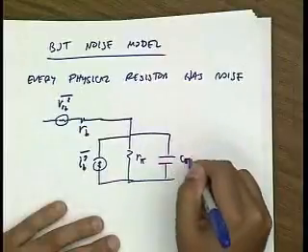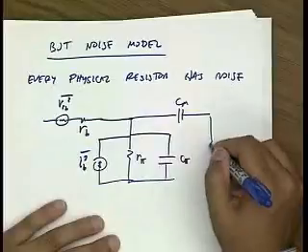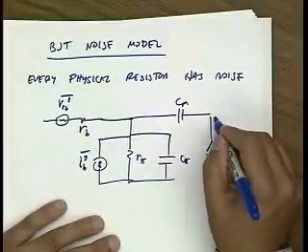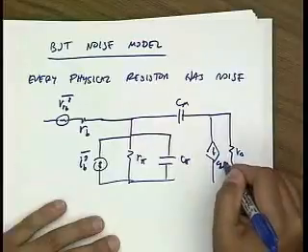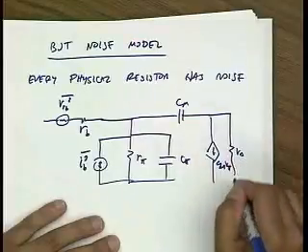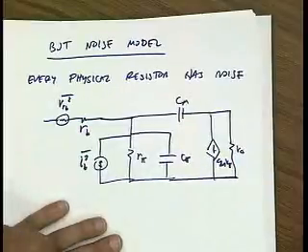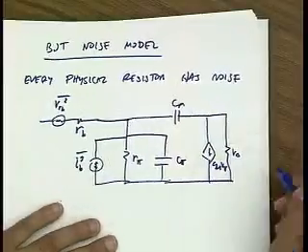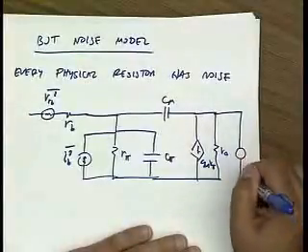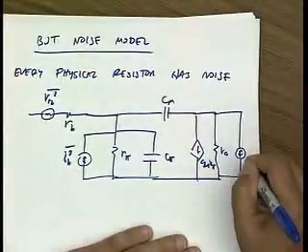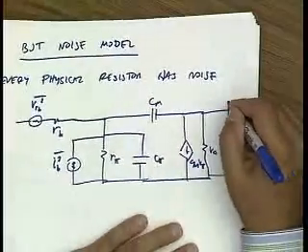C pi, of course, is a capacitance. It doesn't have noise. C mu also is a capacitance. It doesn't have noise. Then I have my GM generator, and then I have RO. And again, RO, the output resistance of a transistor, is basically not a physical resistor, so it does not generate noise. On the other hand, I do have collector noise. This is the shot noise of the collector.